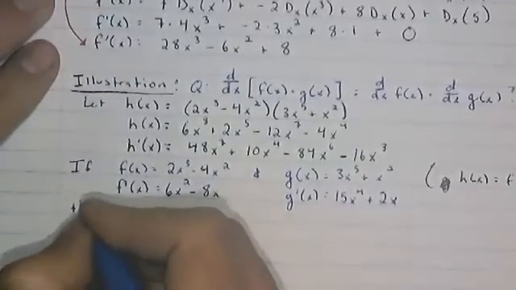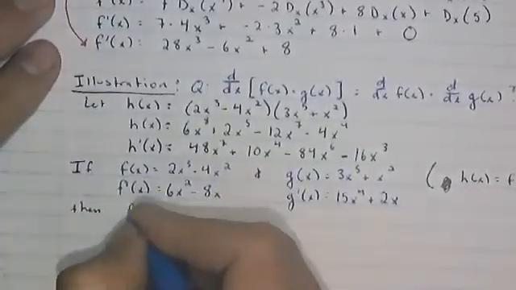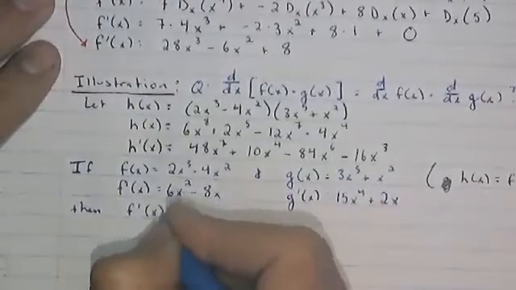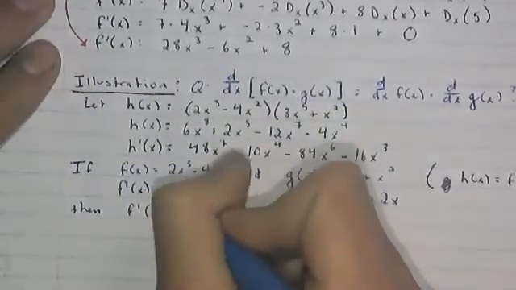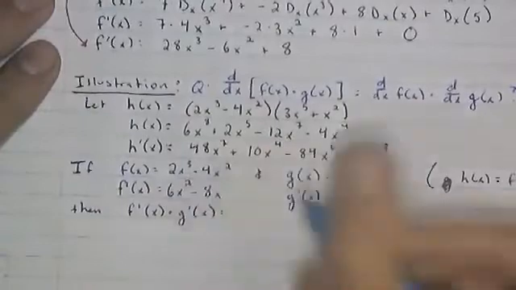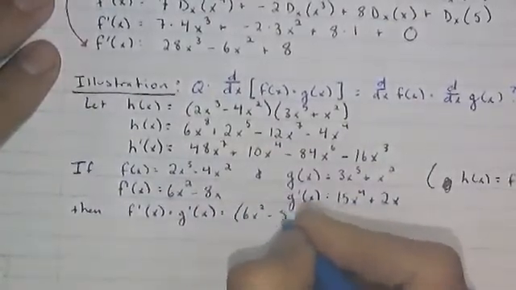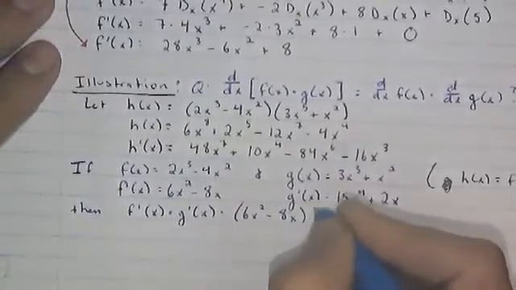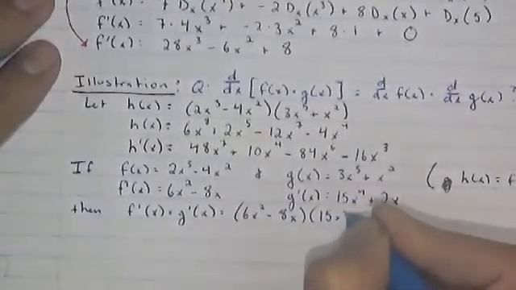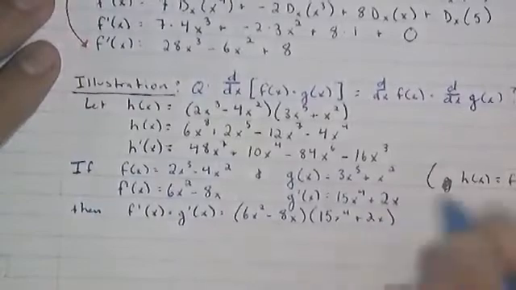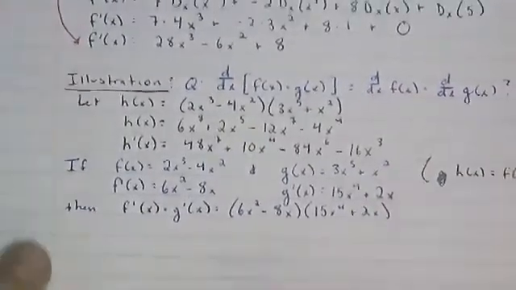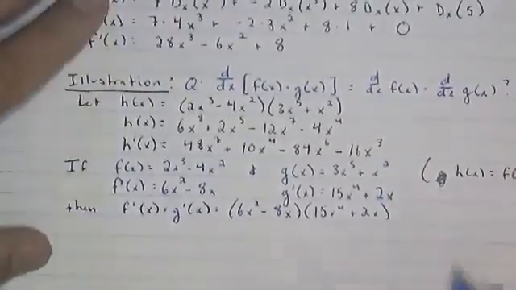So then the product of the derivative of f and the derivative of g would be 6x squared minus 8x times 15x to the fourth plus 2x. Do some double distribution here.